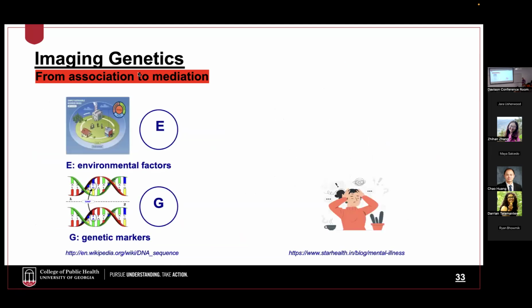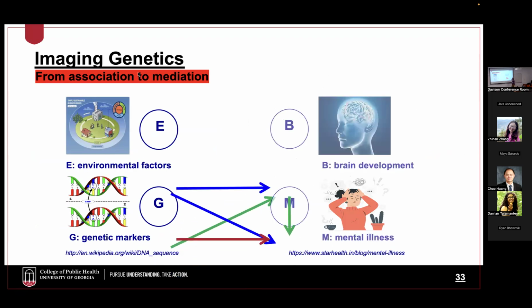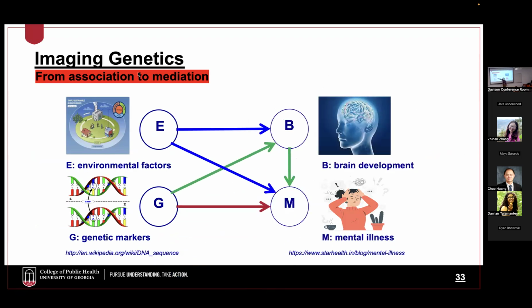And recently, because of the success of causal inference, we are thinking that maybe association is not enough. We need to go further beyond association. So what we are doing is mediation analysis, because in practice we not only have environmental or genetic markers and brain development and imaging studies, we also have the mental illness status for all these patients.